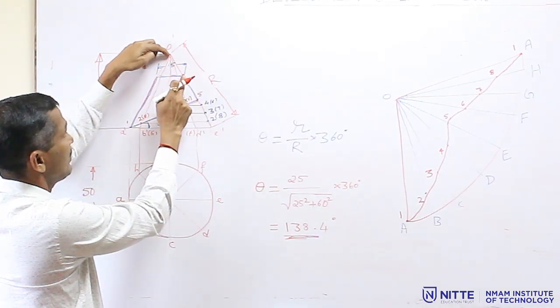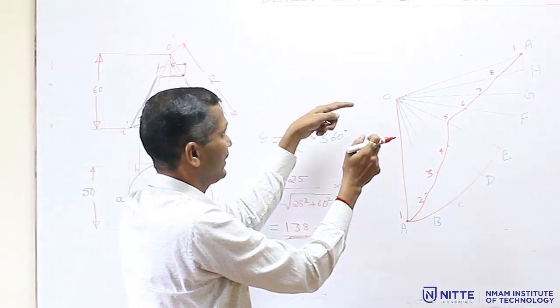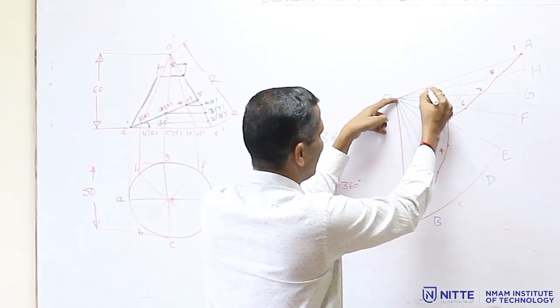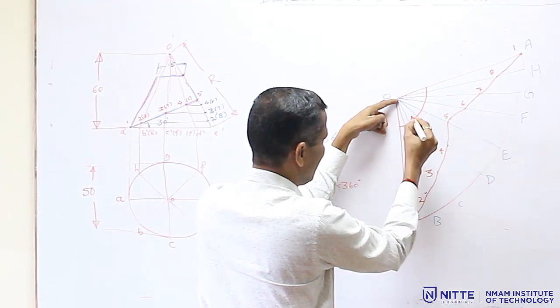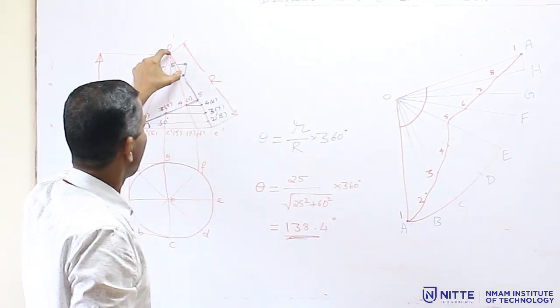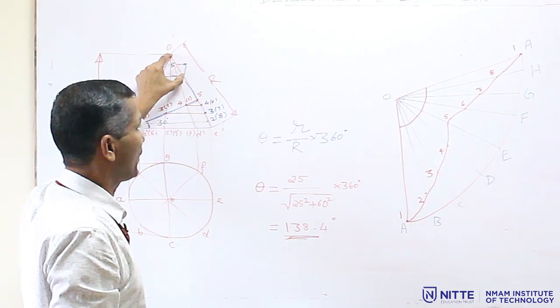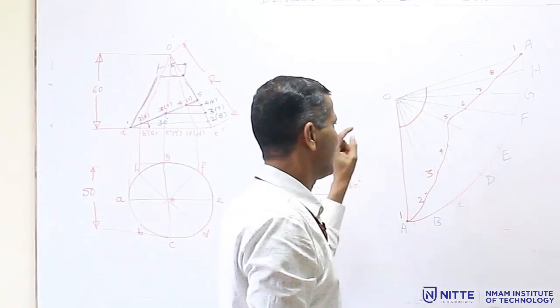In this generator you measure this and take that distance in the compass, keep this as the center and draw an arc like this. This is the radius I had taken from here to here on the true length, and I have drawn this.